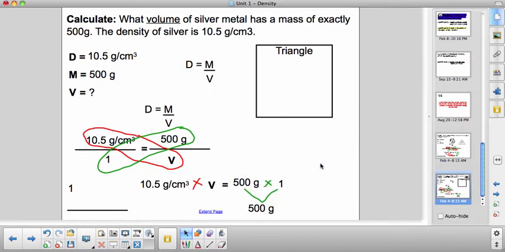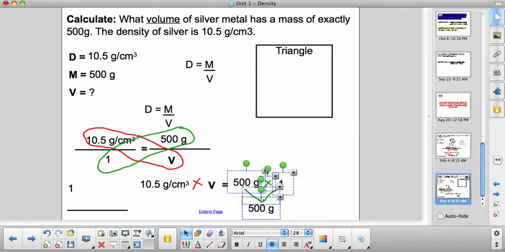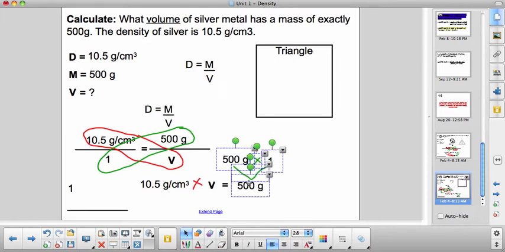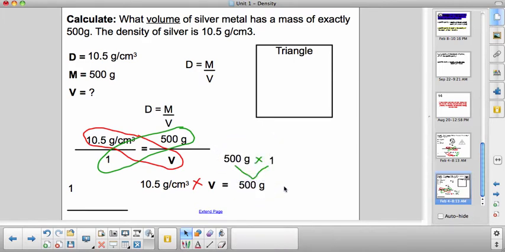So I'm just going to slide this stuff up here real quick so that we can do that. Remember that our right side of our equation we simplified down to just 500 grams. So I want to divide both sides of the equation, the whole side, by the 10.5 grams per cubic centimeter.